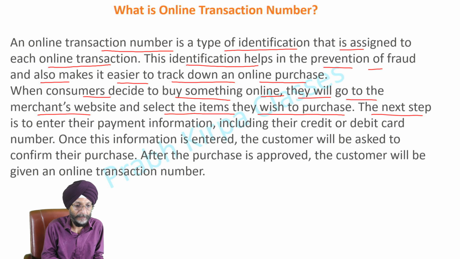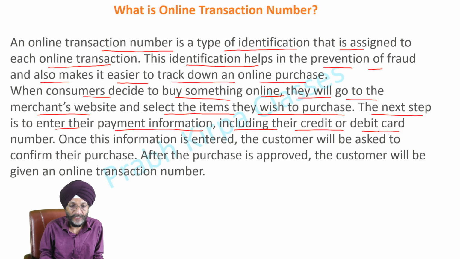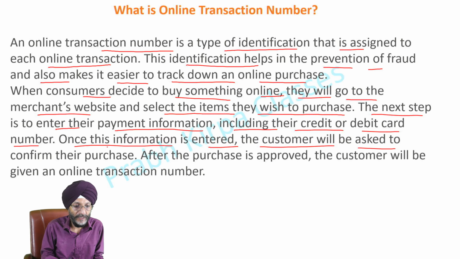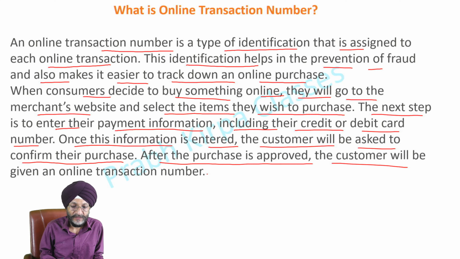The next step is to enter their payment information, including their credit or debit card number. Once this information is entered, the customer will be asked to confirm their purchase. After the purchase is approved, the customer will be given an online transaction number.